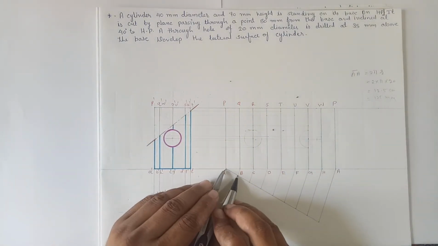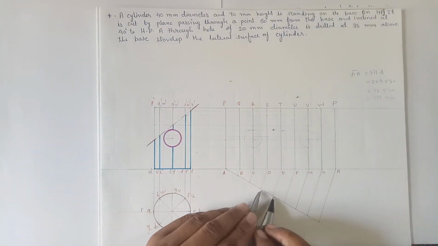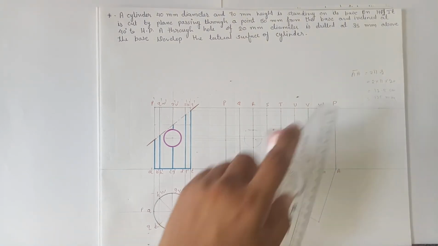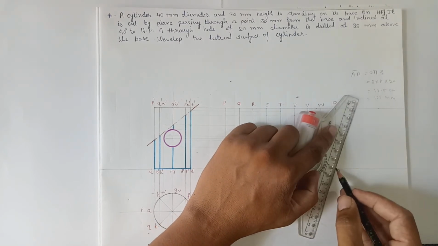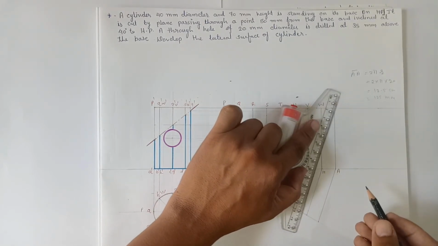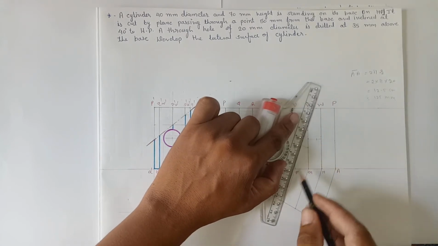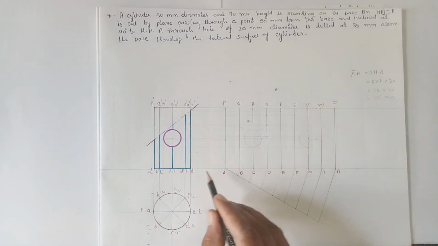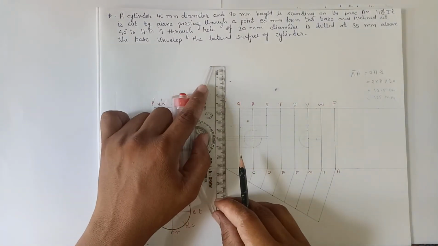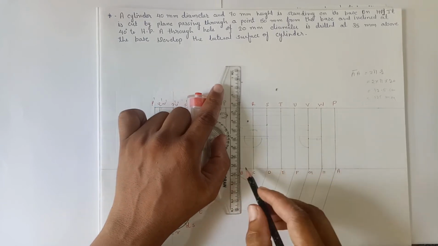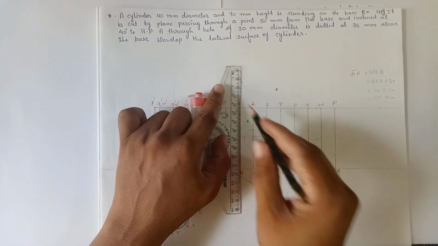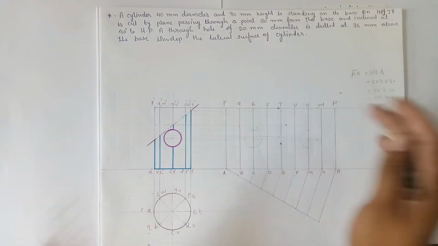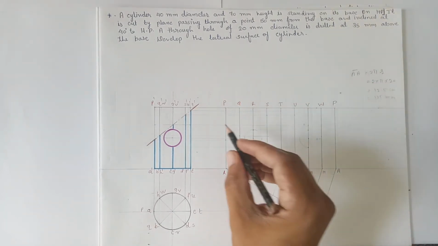So first of all, measure the points 1, 2, 3, 4, 5, 6, 7, 8 of equal length. Then join this last point to the end point of this line and draw lines parallel to this line from the points 1, 2, 3, 4, 5, 6, 7 and 8. So it will divide this line into 8 equal parts. Now draw lines parallel through 1, 2, 3, 4, 5, 6, 7 and 8. So this will be the basic surface development of the cylinder.